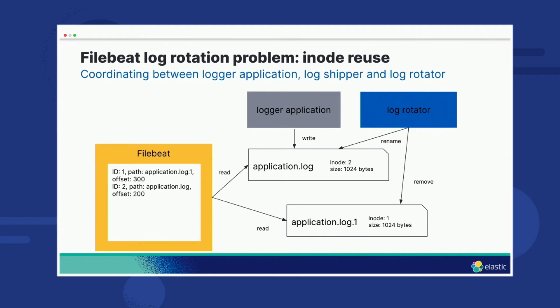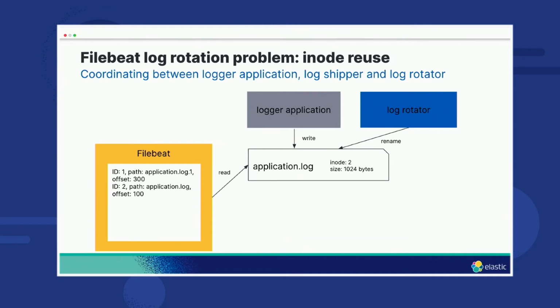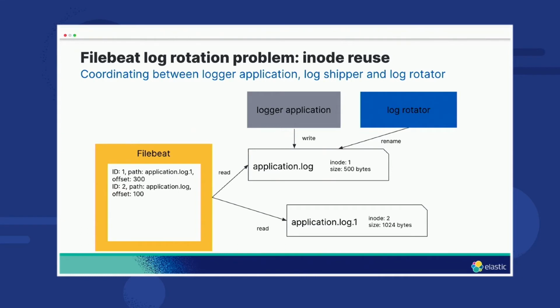The active application.log has reached its size limit again, thus the previously archived file is removed and the active file is renamed. However, Filebeat could not forward all events to the output, so we have lost some logs. And the problem comes now: the active file gets the same inode as the previously deleted file.